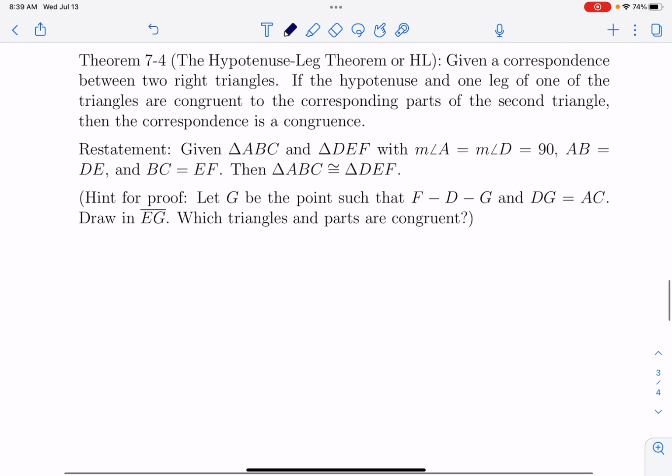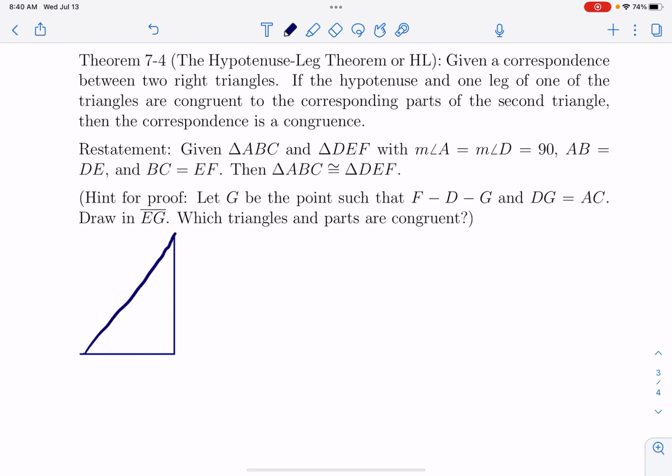So let's suppose we have a triangle ABC, like so. And let's suppose here is A, and here is B, and here is C. And then let's suppose we have another triangle like so.